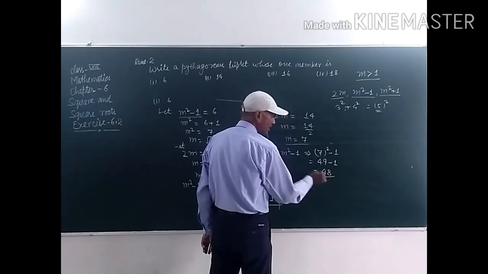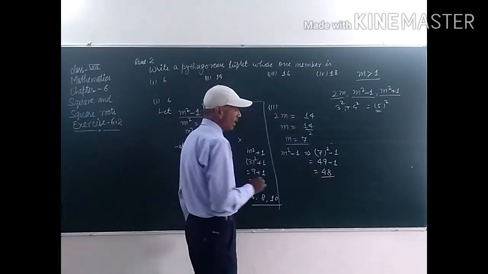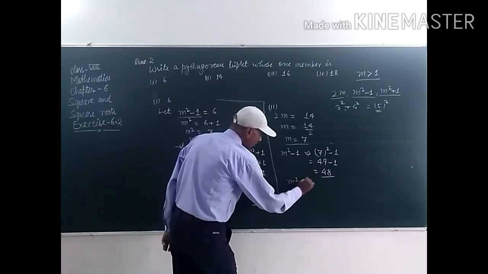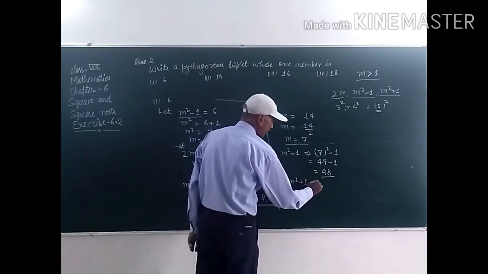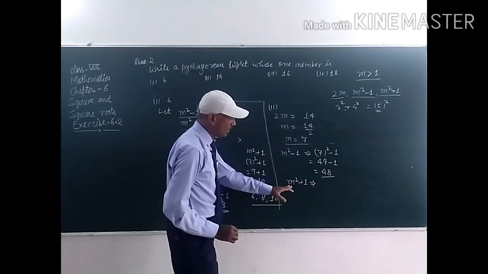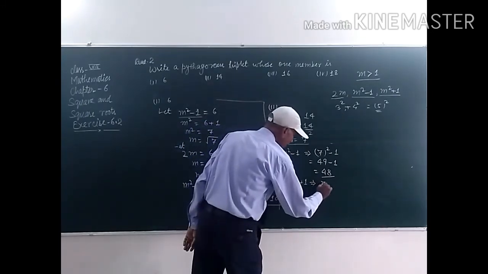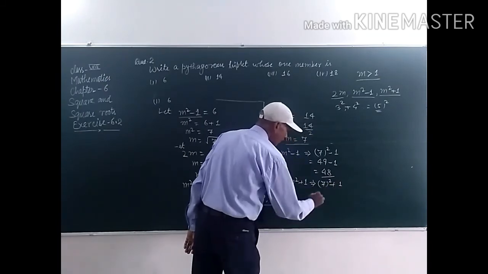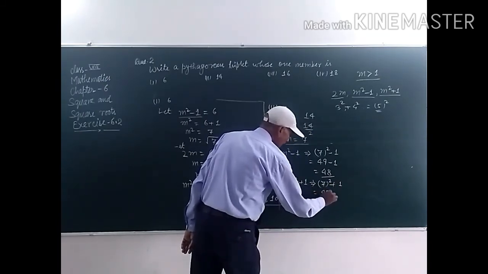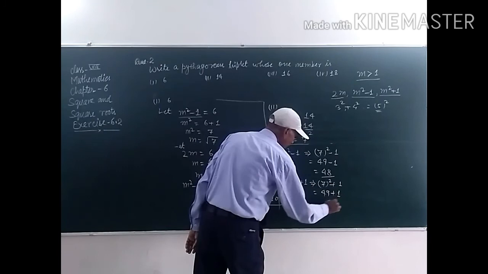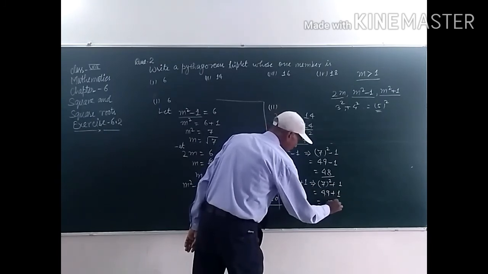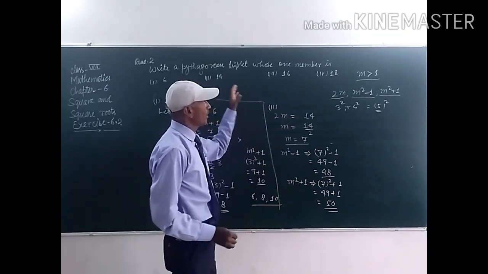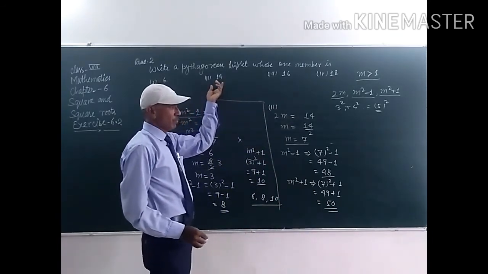This one is the second member, and the third member is m square plus 1, and in this m is 7, students, so 7 square plus 1, so 7 square 49 plus 1, and it will be 50. This is the third member of the Pythagorean triplet, whose one member is 14.